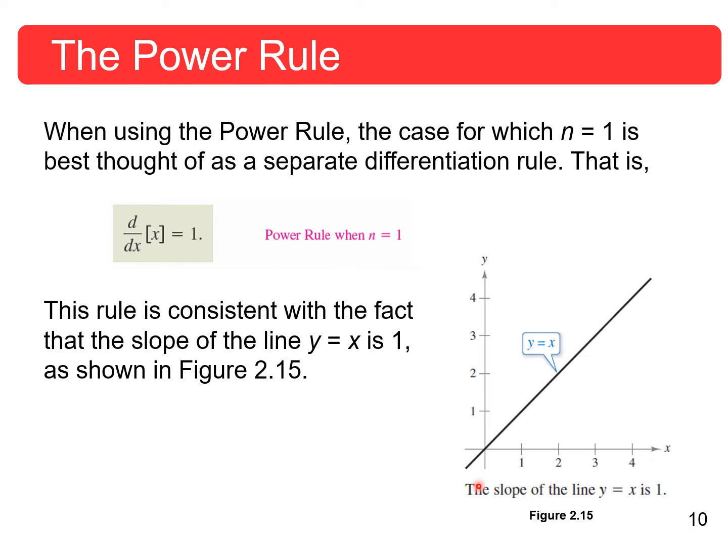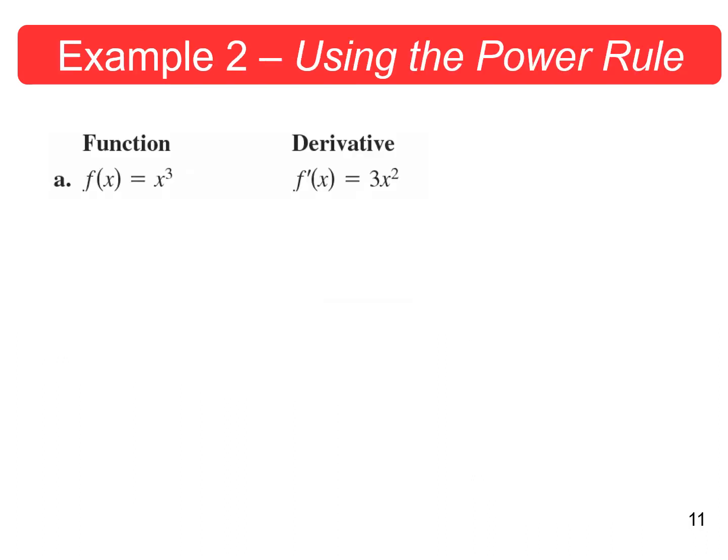As you can see here from the graph, the function y equals x is just this diagonal line here, wherein the slope is constant, and that is just equal to 1. So whenever you see x, the derivative with respect to x is just equal to 1. Now let's apply the power rule to the following exercises.